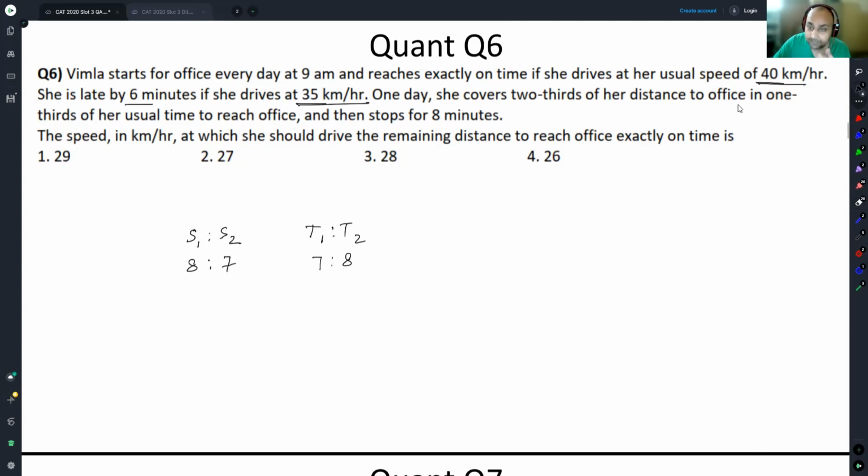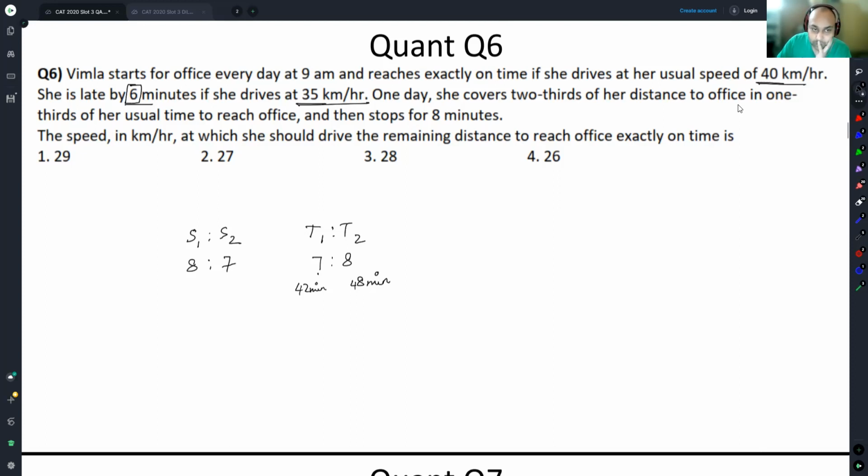Now remember, this is 7 ratio units, this is 8 ratio units, and we have been told the difference between them is 6 minutes. So actual time taken here is 42 minutes. Actual time taken here is 48 minutes. One day she covers her usual distance, usual time, all of that.